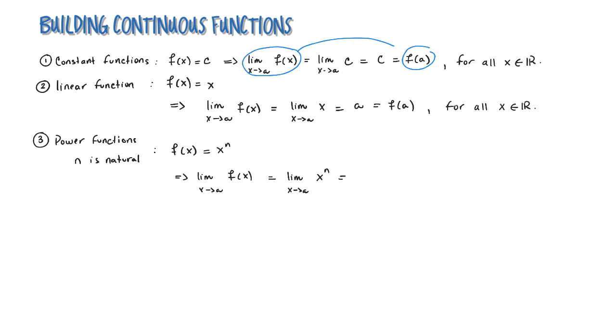And then that is going to be equal to a to the n. And a to the n is f of a. And this is true again for any real number.